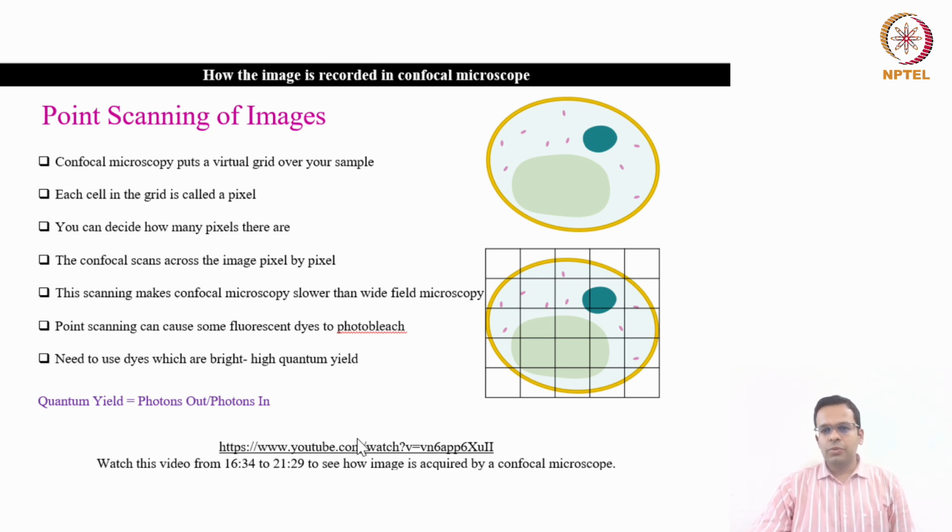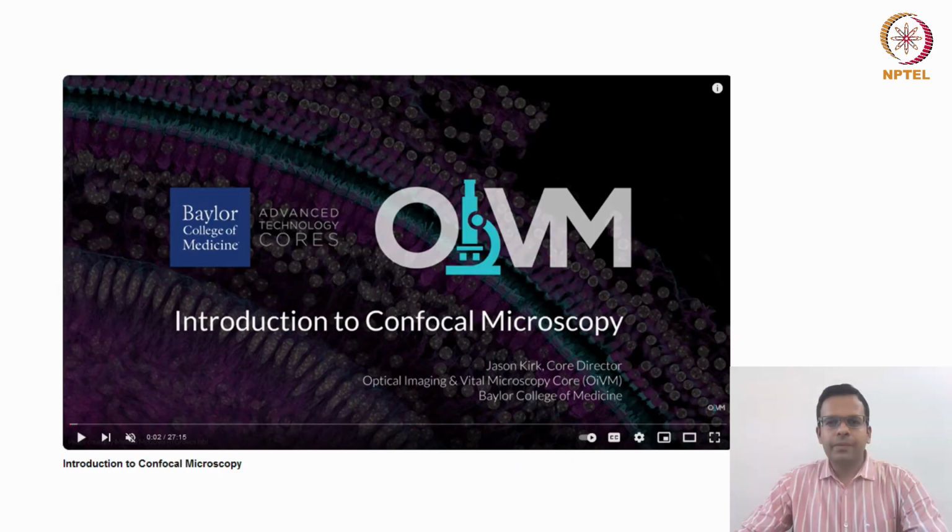Now I'll show you one video from YouTube, almost 5 minutes, to understand this concept of how the confocal microscope forms the image. Let me open this YouTube video. This video is from Baylor College of Medicine by Jason Kirk, who is the core director of the optical imaging and vital microscopy core at Baylor College of Medicine.